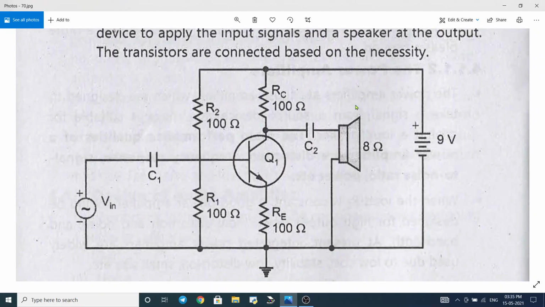Let us see a simple circuit of an audio amplifier, a transistorized circuit. So this is our single stage transistor amplifier.